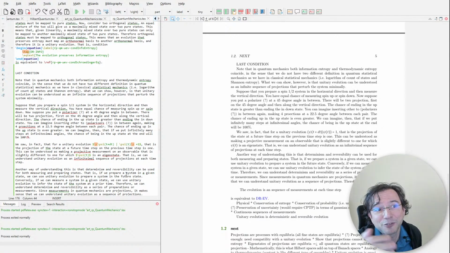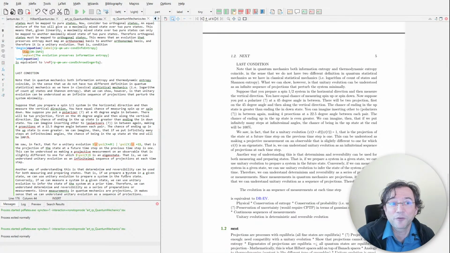You can take a distribution in classical mechanics and say, oh, this distribution actually comes from the marginal that has a correlation with some other system, and the entropy of the joint is lower than the sum of the entropy of the marginals, which is exactly what you have in an entangled system in quantum mechanics. An entangled system is where the entropy of the joint is lower than the sum of the entropy of the marginals because you have some mutual information.